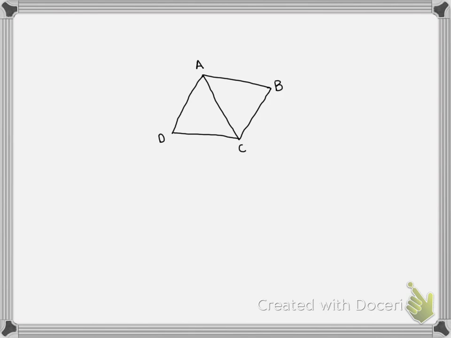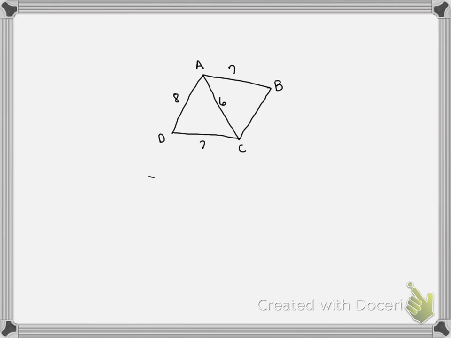Okay, so we are given AB is 7, AC is 6, AD is 8, and DC is 7. So if we want to, it says, what other information do you need to prove triangle ABC is congruent to triangle CDA by side, angle, side?